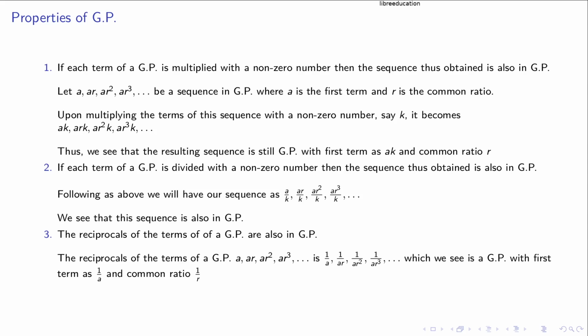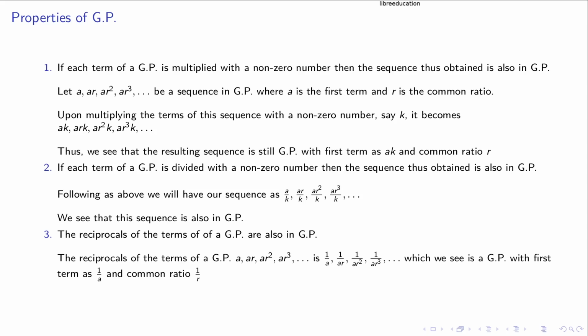Now, similarly, when you divide a GP with a constant number K, which is non-zero, then the first term will change to A by K, second term will change to AR by K, third will change to AR square by K, and so on. But the common ratio will not change. Only the terms will change by a factor of K, but the common ratio will not change.